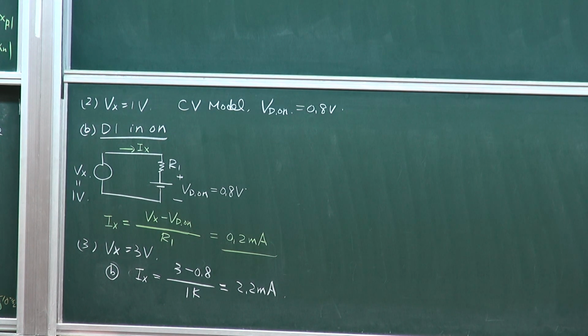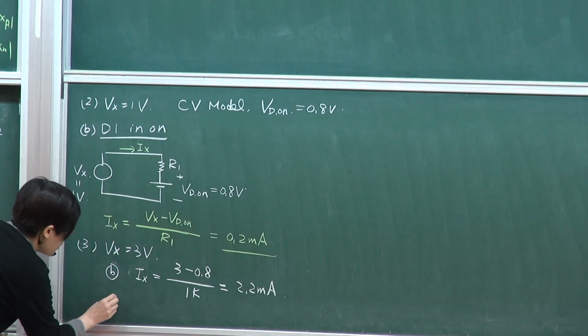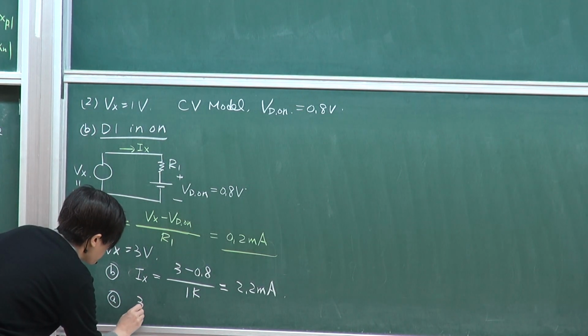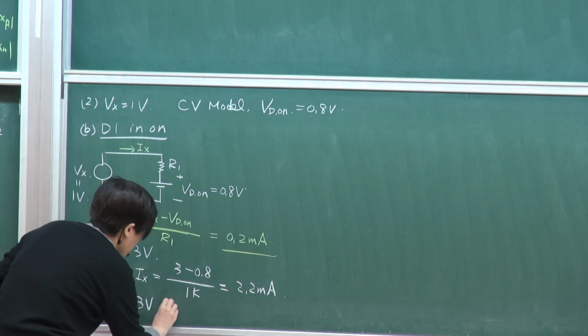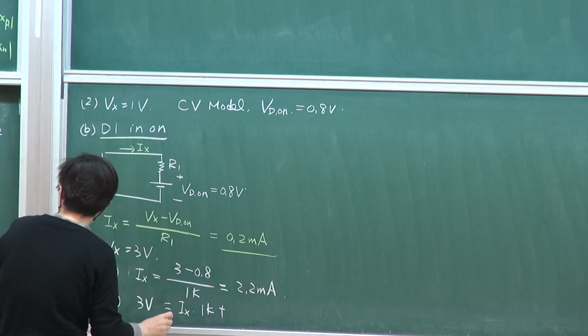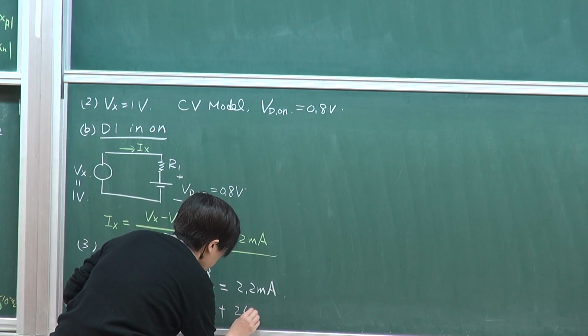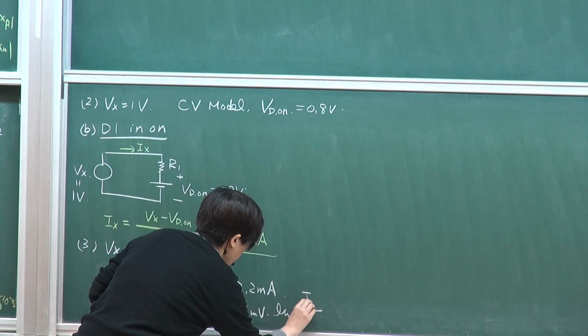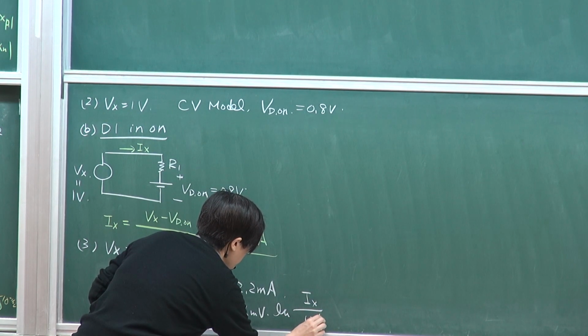We can also do this using the exponential model, and you simply insert it. It will be 3 volts equals Ix times 1K plus 26 millivolts times ln of Ix over 10 to the minus 16.